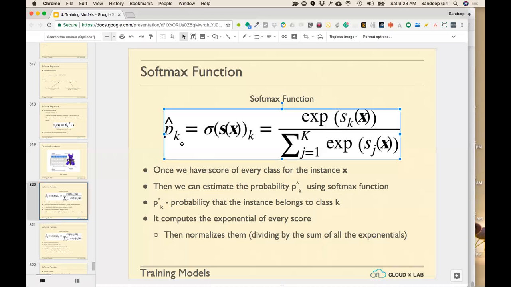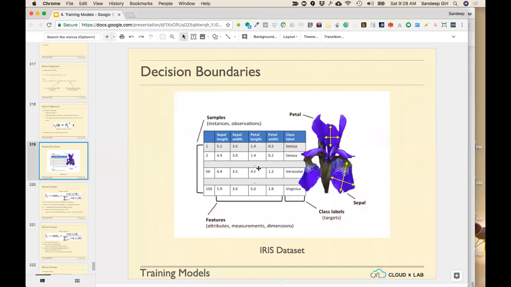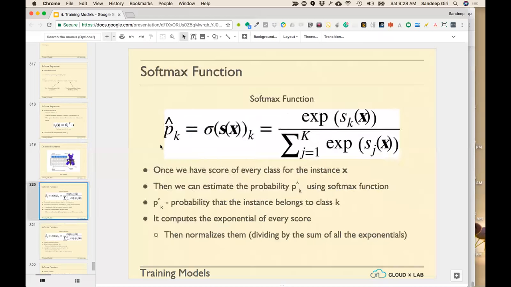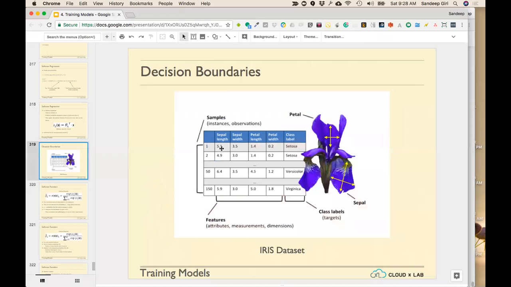So let's say we take the first instance. If we are training on the first instance, setosa is 0, correct? Setosa belongs to 0, so P will be 0 here. We are computing the probability of P equals this. At every instance, we will have thetas: one set of theta for setosa, another for versicolor, and a third one for virginica. So all three classes will have three sets of thetas.